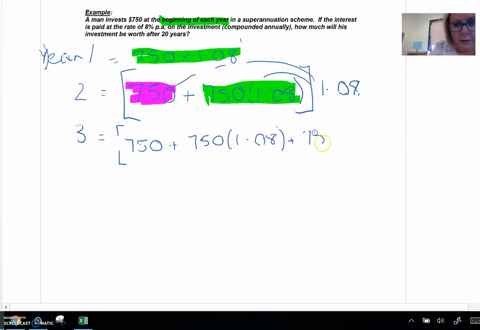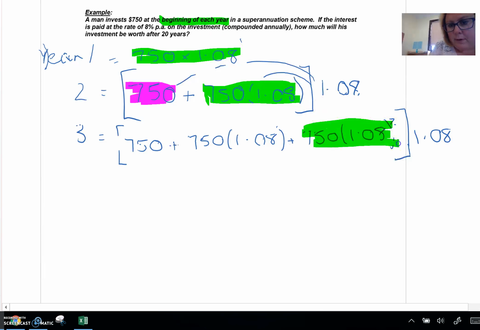The first year's has earned interest for 2 years, and they all earn interest for the third year. So I've got the first year's, it's been sitting there for 1, 2, now it's its third year. The second year's has been sitting there for 1, 2 years, and this is the third year's money.